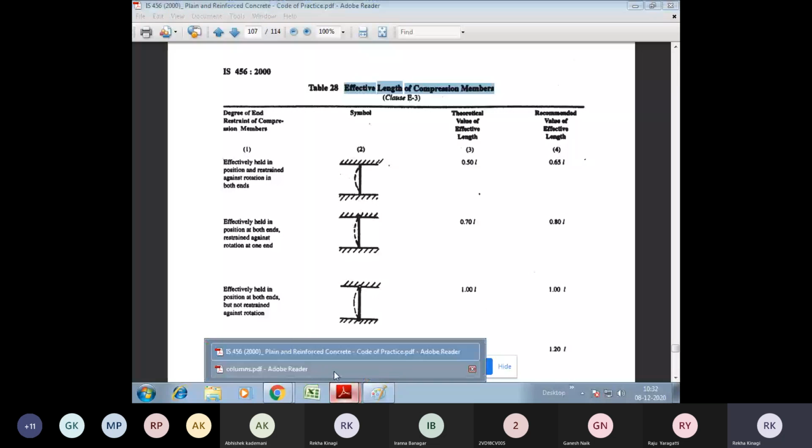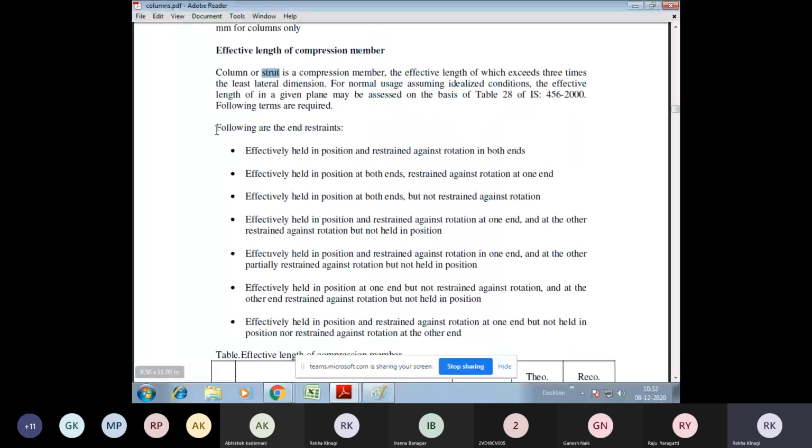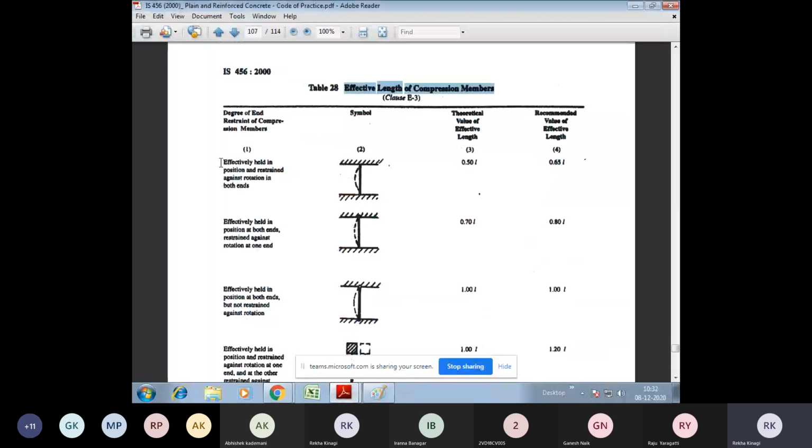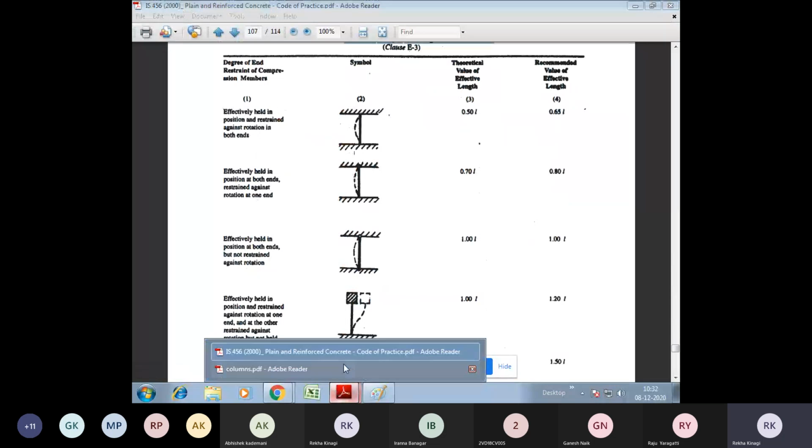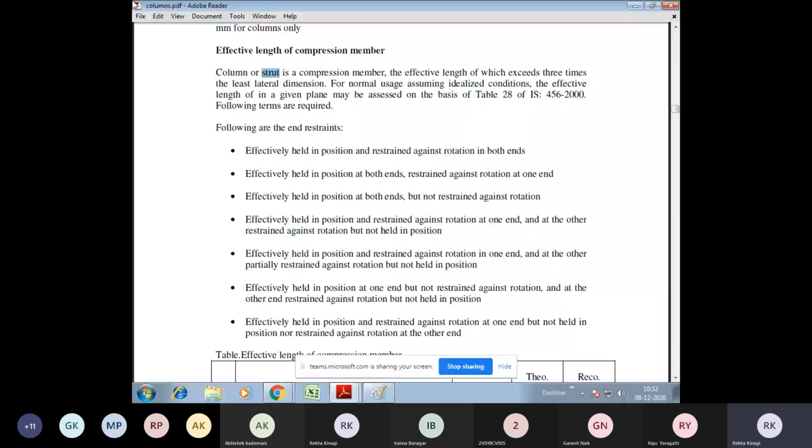According to that, the degree of end restraint of the compression member. Following end restraints, what are the different conditions, different cases? First, effectively held in position and restrained against rotation in both directions.